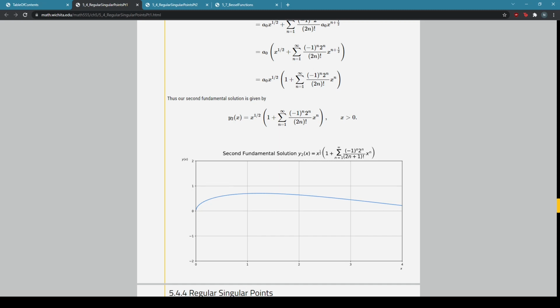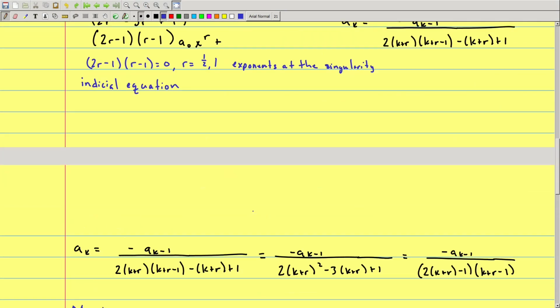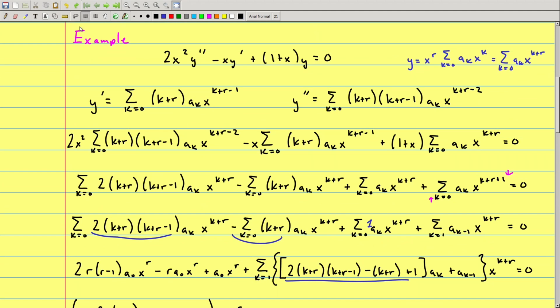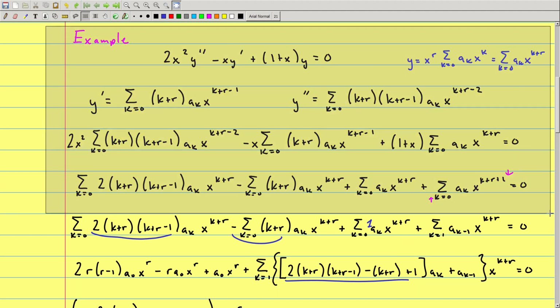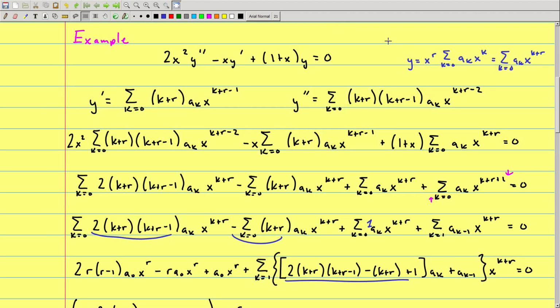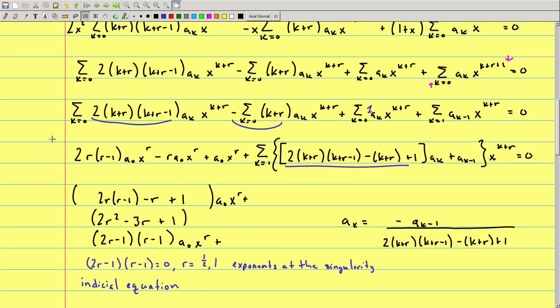I'll come back to this screen in just a second, but you work the problem through using this method, which is very similar to what we had prior, except we just change our guess so that instead it looks like x to the r times a power series. And then you will eventually get to a point where you have some number of terms that need to be peeled off at the beginning.